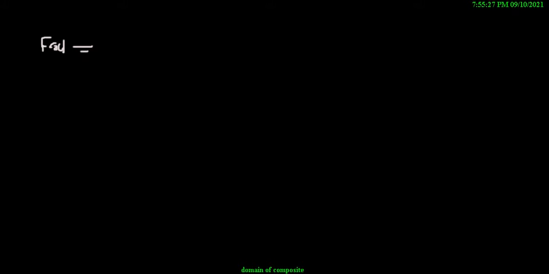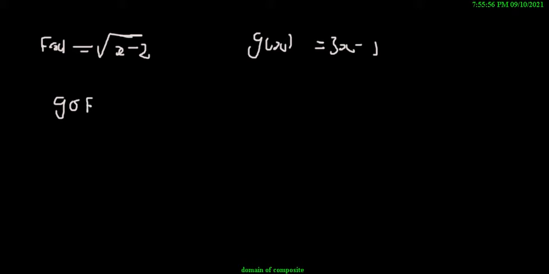So let's say we've got f(x) equal to root x minus 2 and g(x) equal to 3x minus 1. We are told to find the domain of gof.